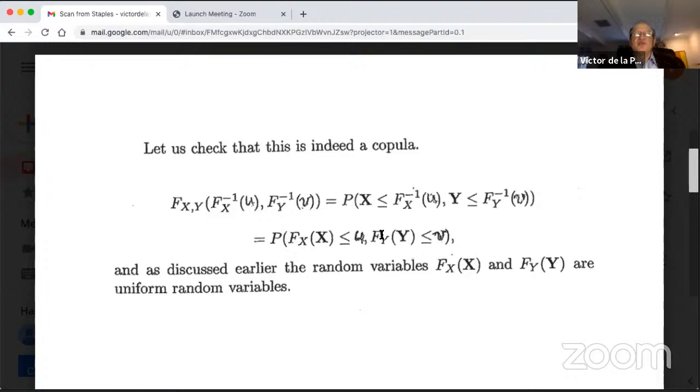So this is a joint distribution of uniform variables. So that's the proof. Is there any question about this? So that's how you can find the copula for a joint distribution function.